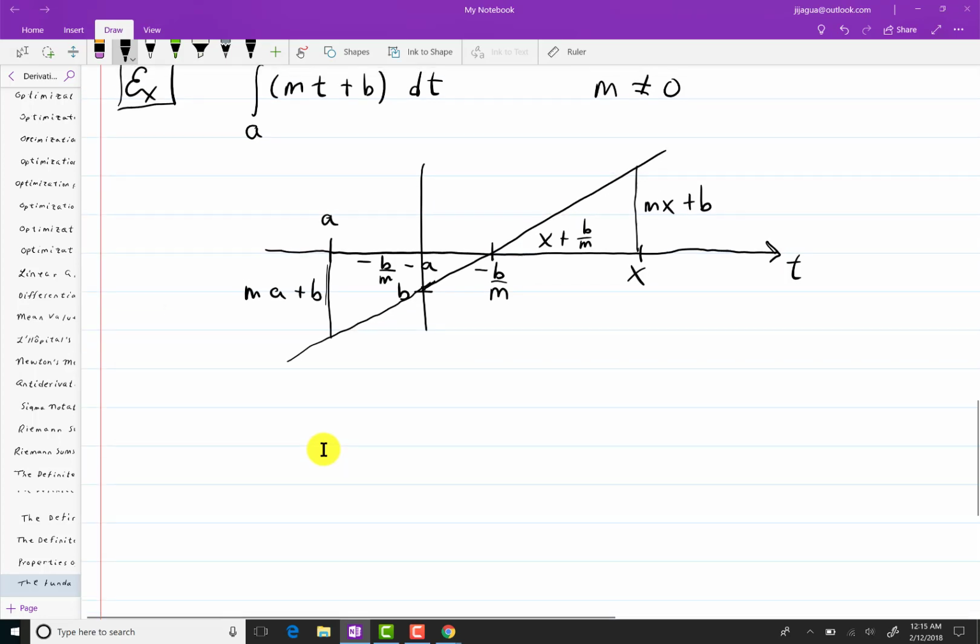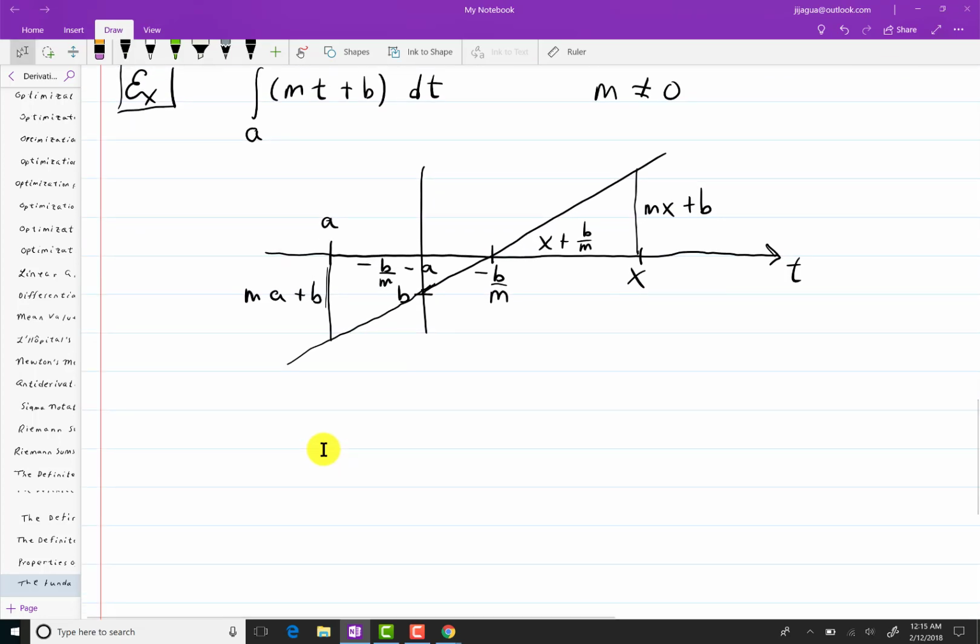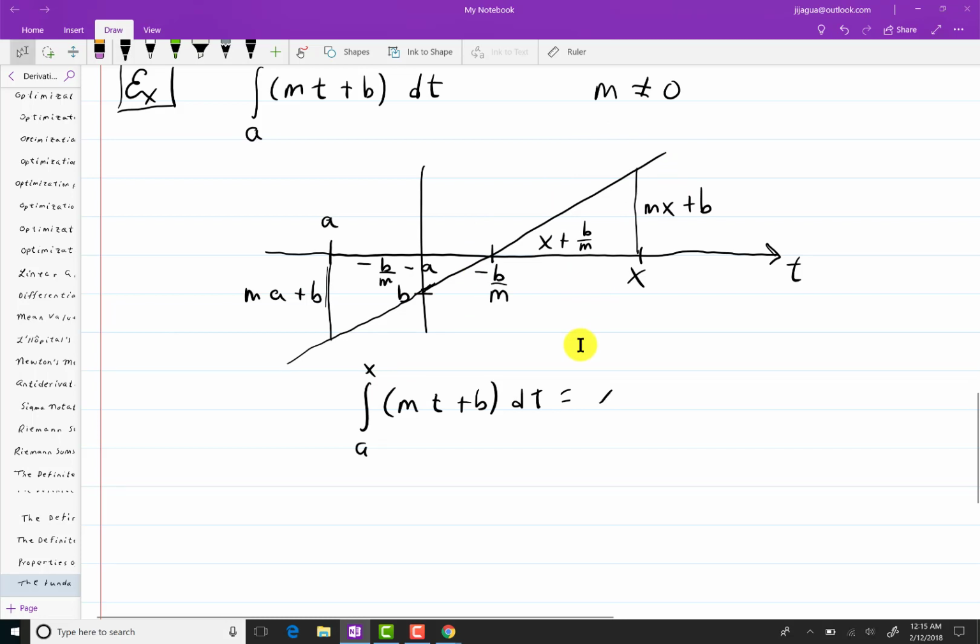Alright, so let's take a look then. If I do the integral from a to x of mt plus b dt, I'm going to get this here, which will be x plus b over m times mx plus b, minus this triangle down here.